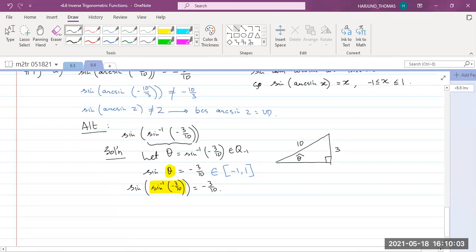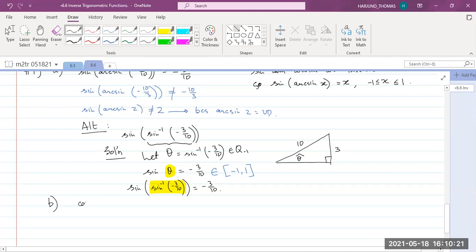So what is sine of an angle in that quadrant? That will be a negative value. The reason I show you this is because of the method I will show you later for other types of questions. So let's do part B.